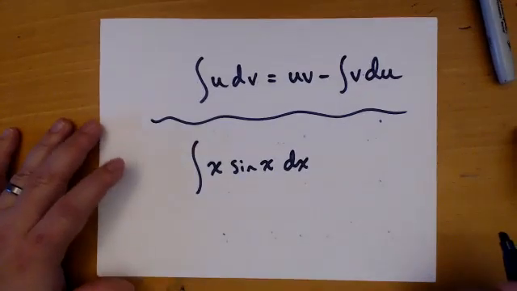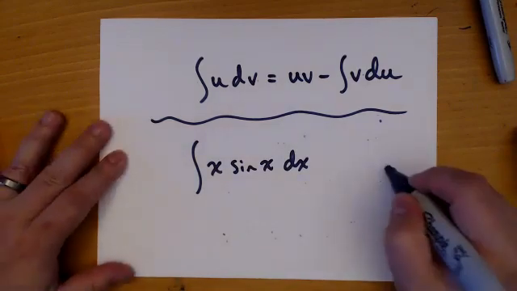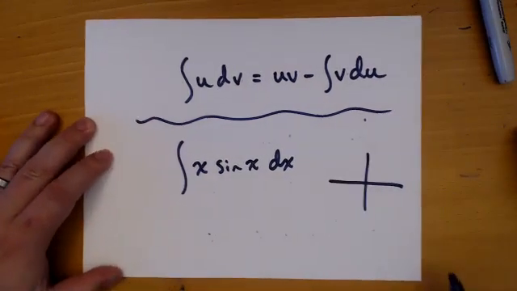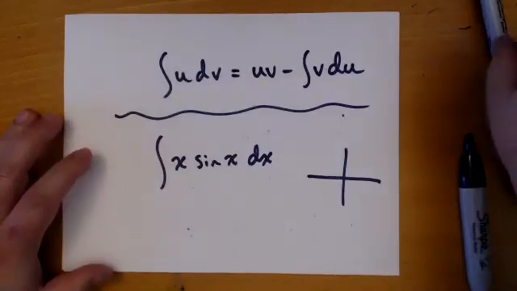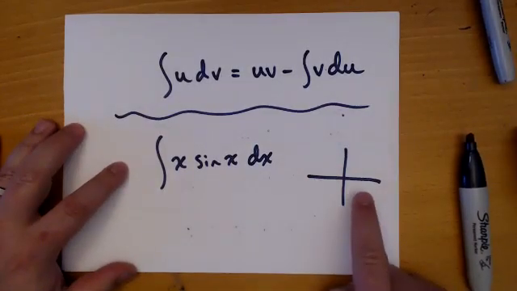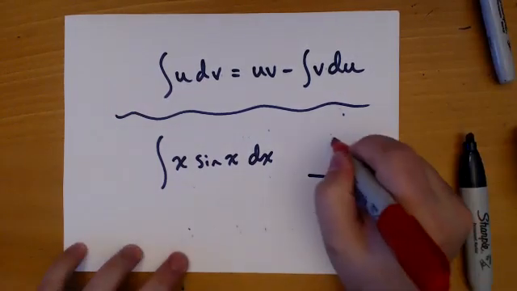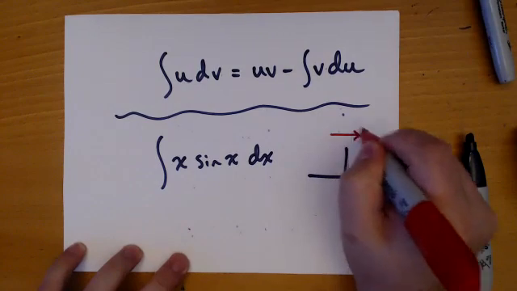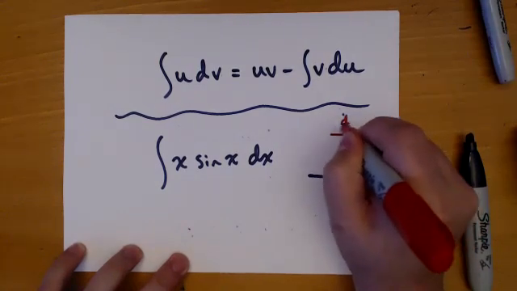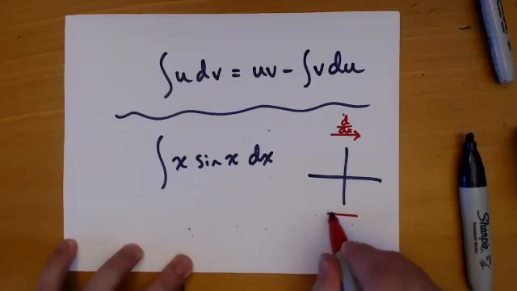And the way I deal with this is just using a very simple little tool, a little grid. Now, one of your things is going to go in this space. One of your things is going to go in this space. You are going to take derivatives this way, and you are going to take an integral that way.